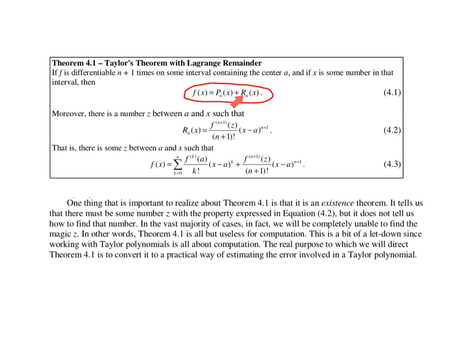Well, because the Taylor polynomial is an approximation, this remainder is also going to be an approximation. Because if we knew the exact value of the remainder, we could just simply add it to this and get the original function. And we don't know the original function. All right, so this is how we can find the remainder.